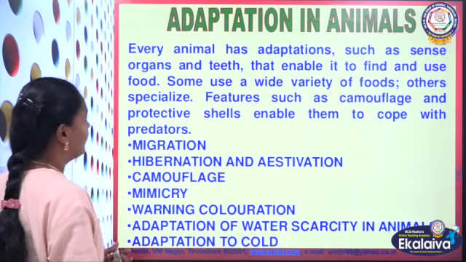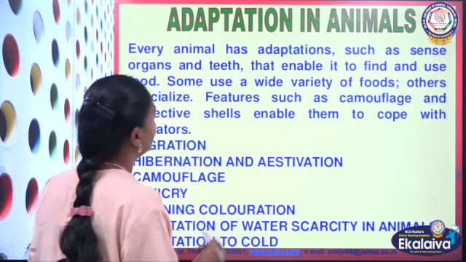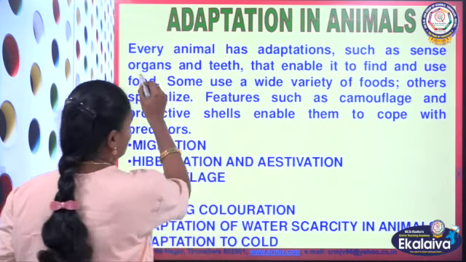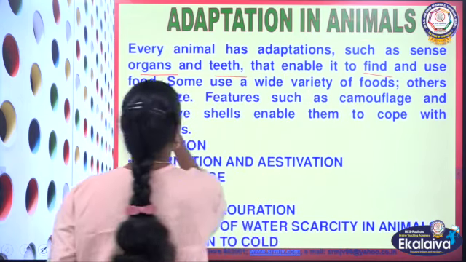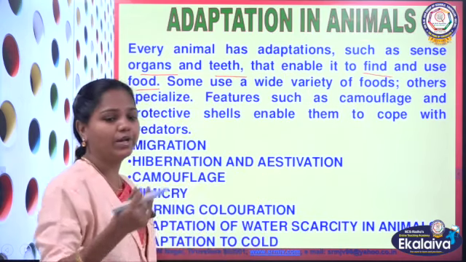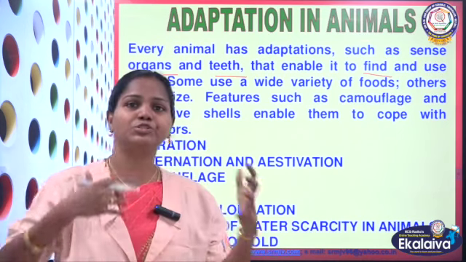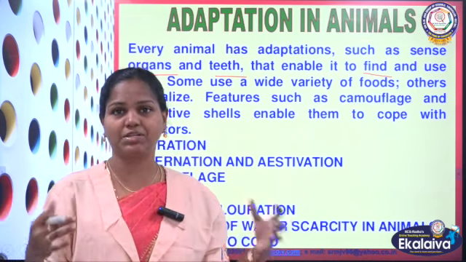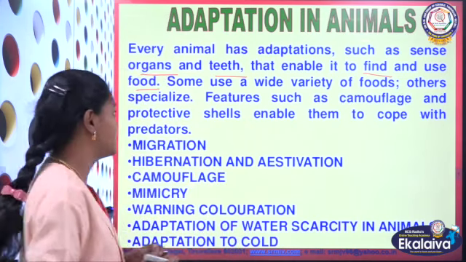Every animal has adaptations such as sense organs and teeth that enable it to find and use food. According to the food material available, as evolution proceeds, there is adaptation in the types of teeth of animals. We have already seen that.